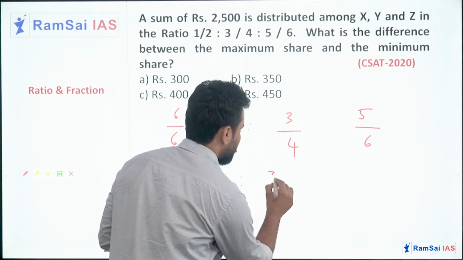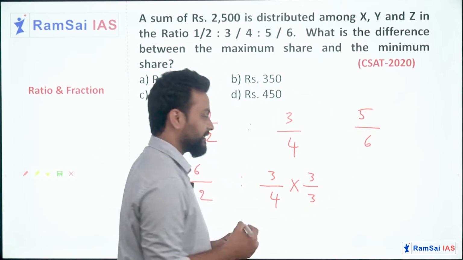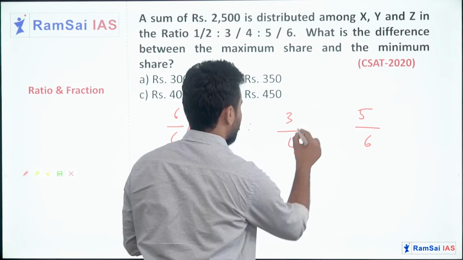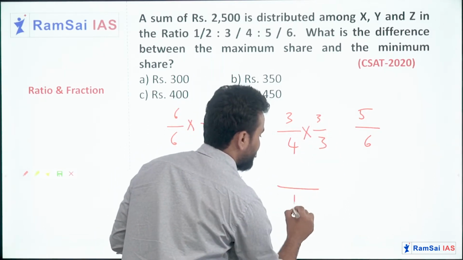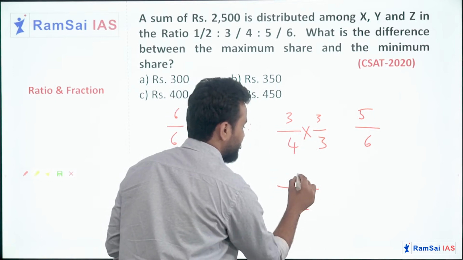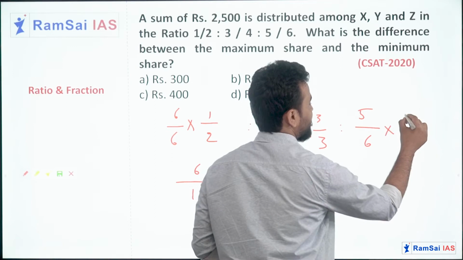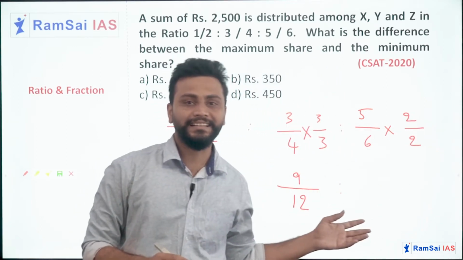I'll multiply this 3 by 4 with 3 and 3 in the numerator as well as in the denominator. Then the denominator will be 4 3s are 12 and the numerator 3 3s are 9. The last one, I'll multiply 5 by 6 with 2 and 2 in the numerator and in the denominator as well.